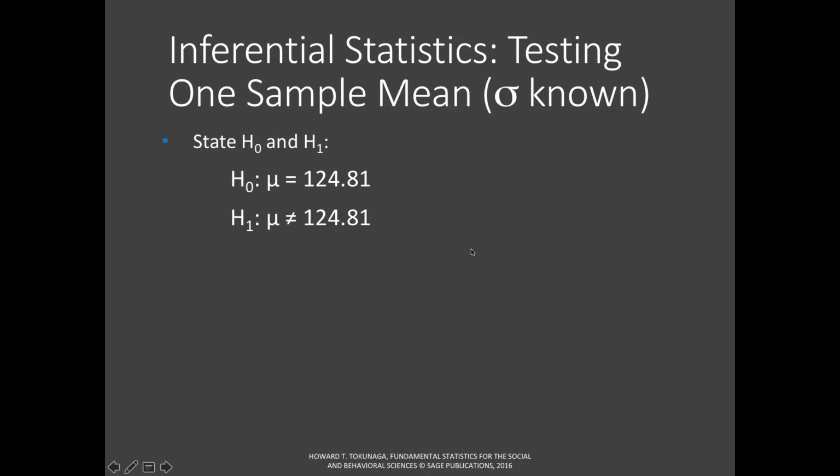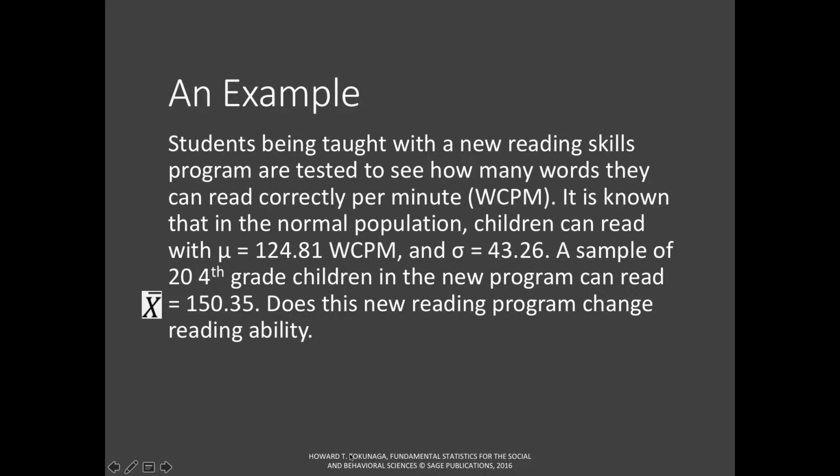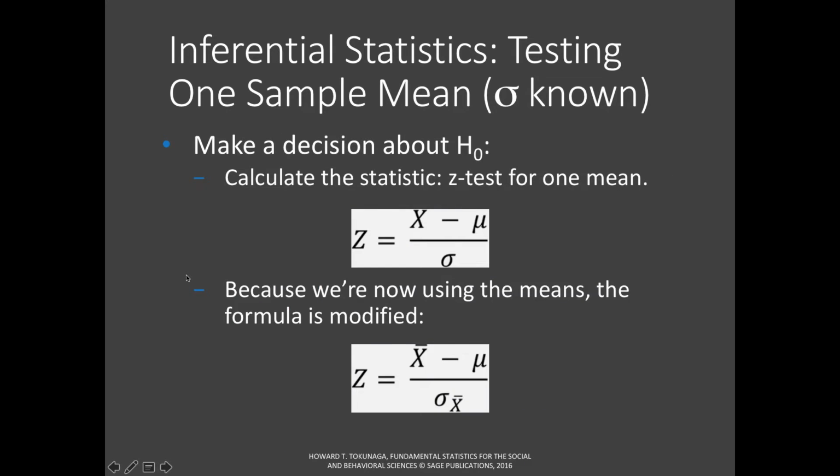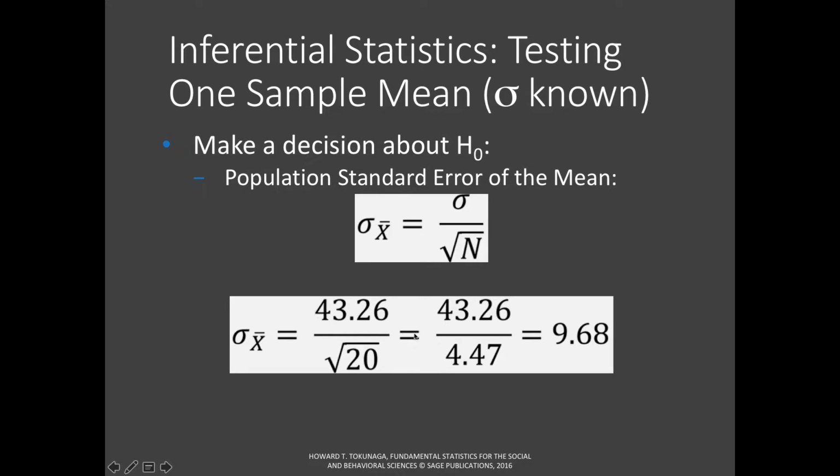So if we go back to the example, there are 20 people in this sample. So the population standard deviation, 43.26, divided by the square root of 20. When we do that math, you get the standard deviation of the mean for the sample of those 20 people, which is 9.68.